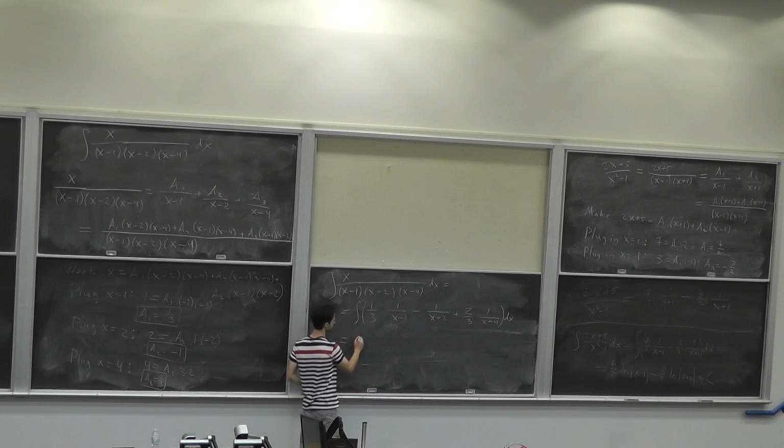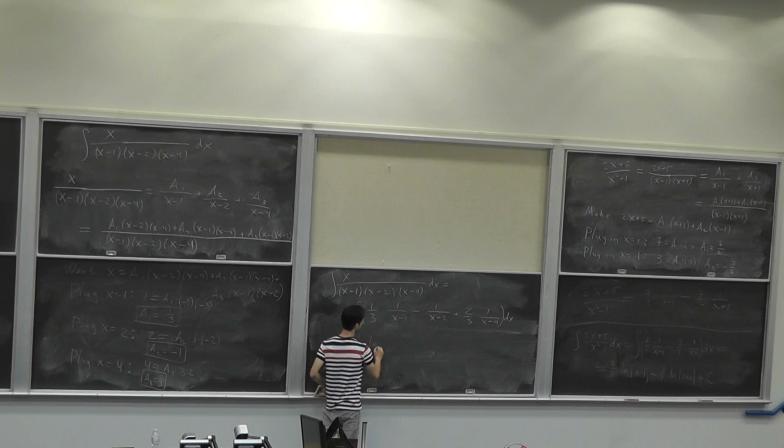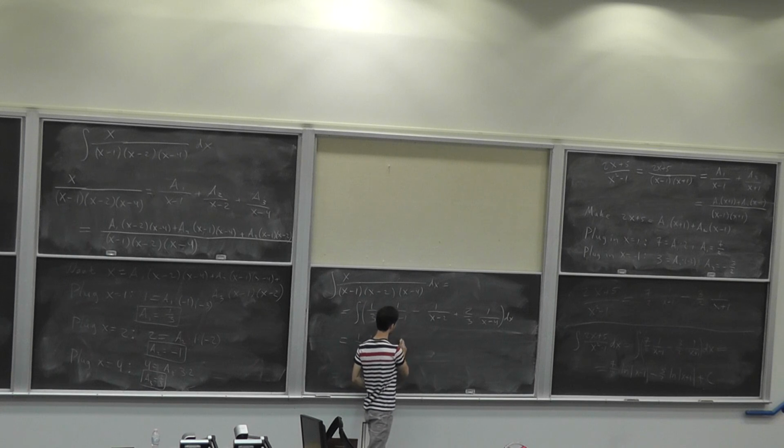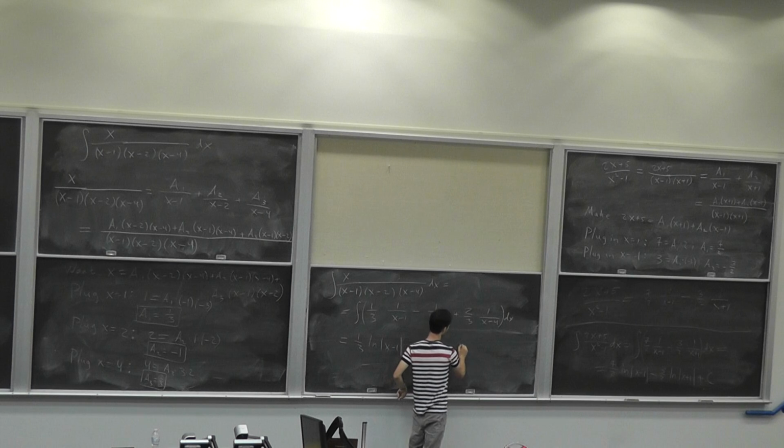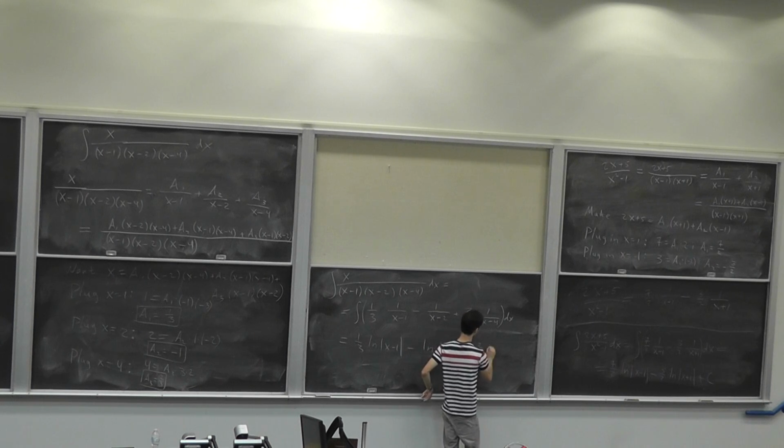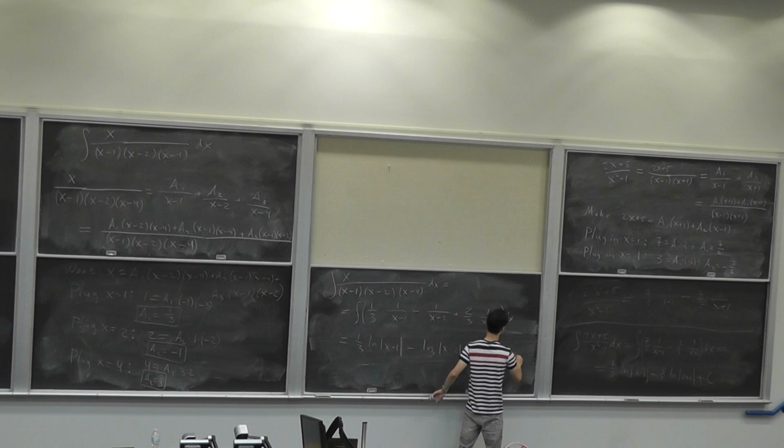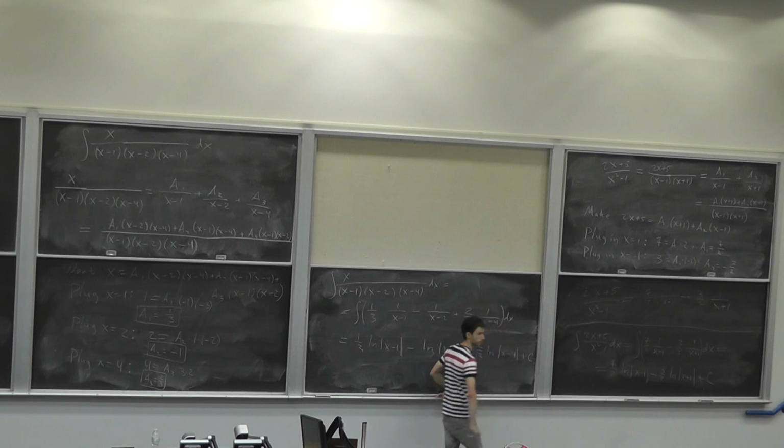And the integral is 1 third times the log of x minus 1, minus the log of x minus 2, plus 2 thirds times the log of x minus 4, plus C.